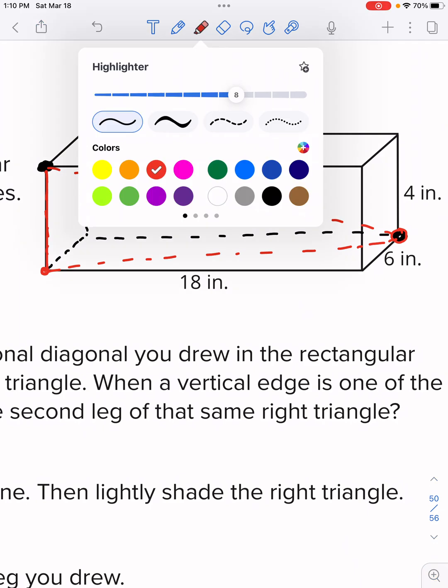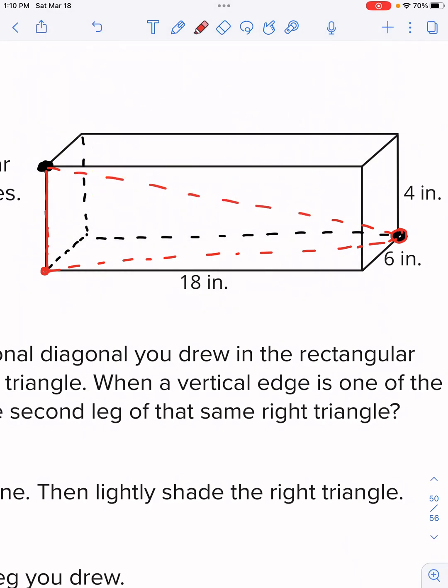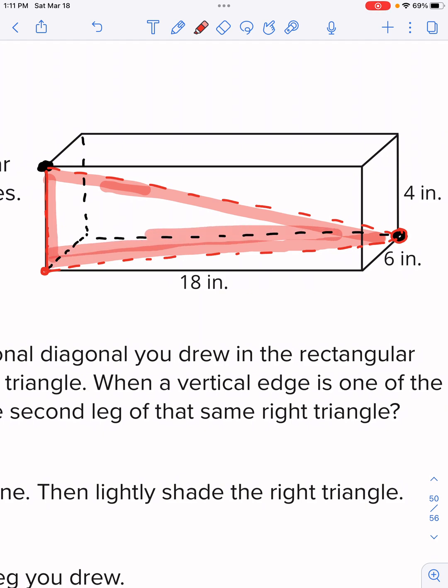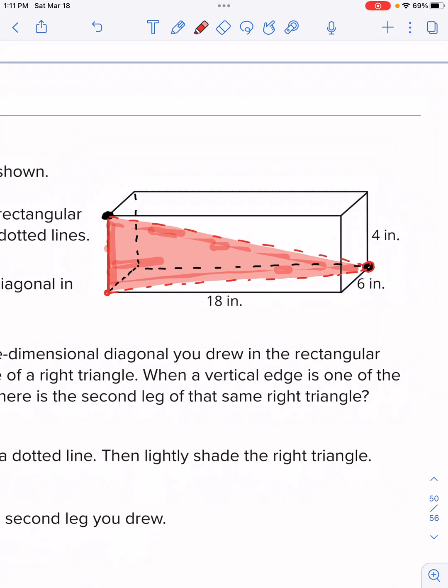I'm going to try to do this with my highlighter tool. We're just coloring it in.